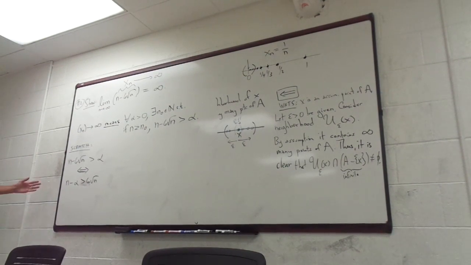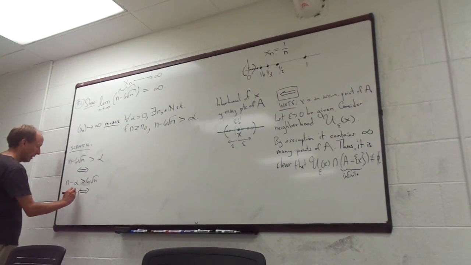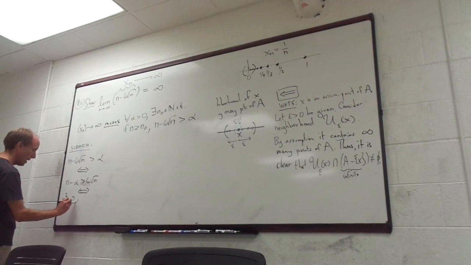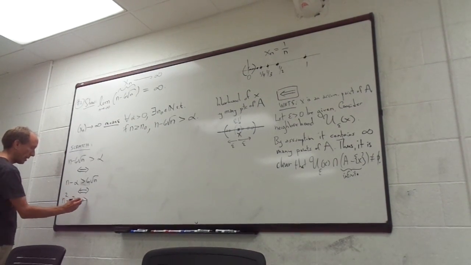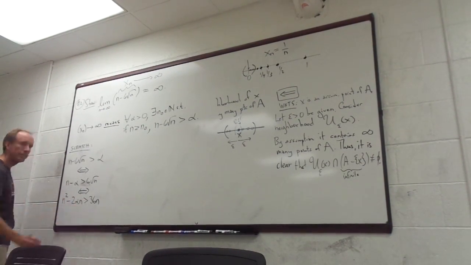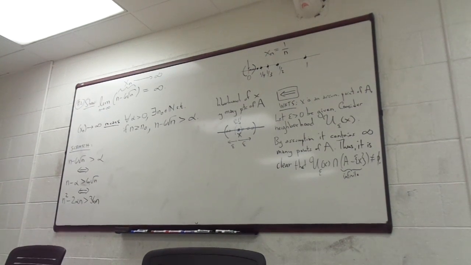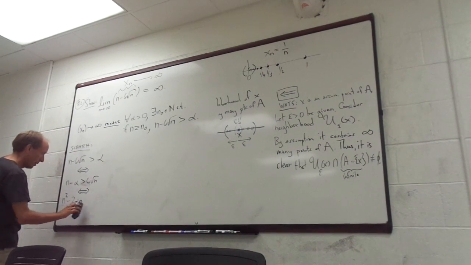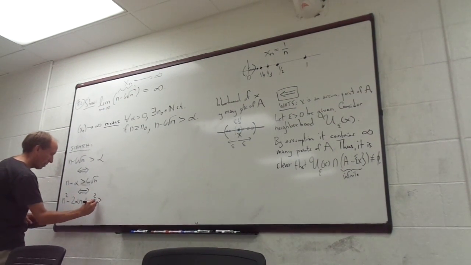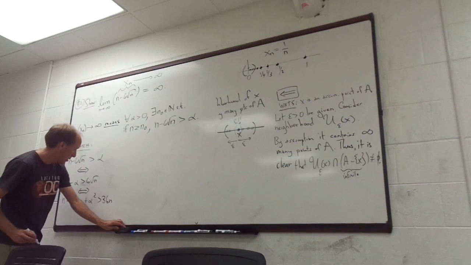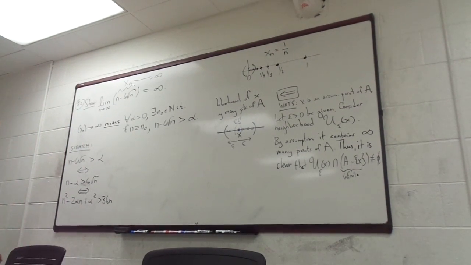Try that. If I now square both sides of that one, I'll have n squared minus 2 alpha n greater than 36n. Oh, there's plus an alpha squared on that, sorry. Plus alpha squared greater than 36n. Okay, now I see how I can write this as a quadratic, right?